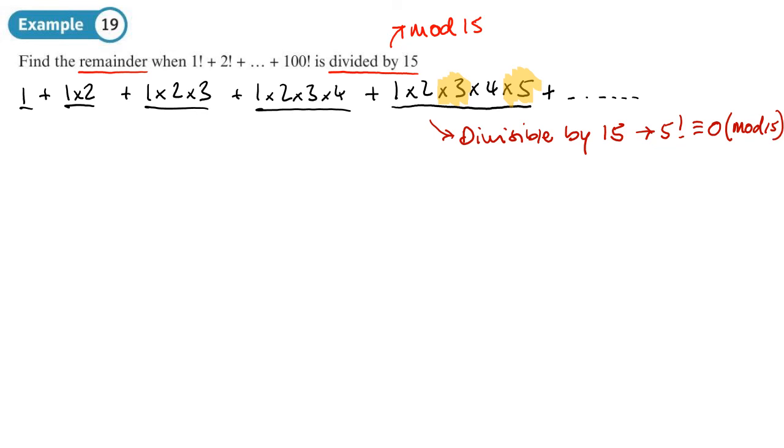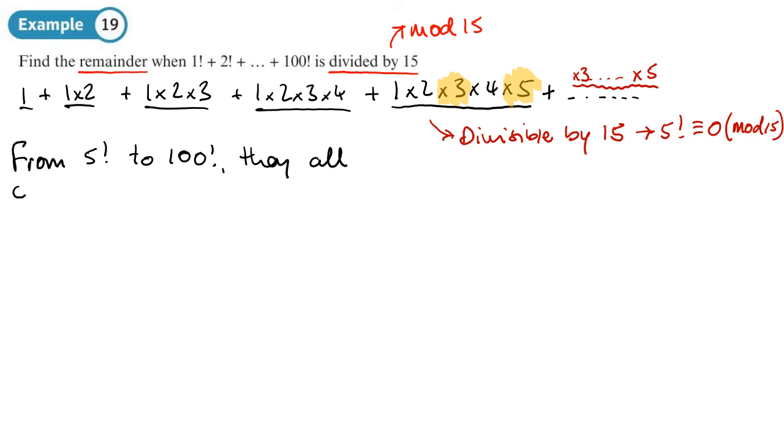There's no remainder. And that's going to be the same for all the other factorials after, because they're all going to have times 3 in there somewhere and times by 5. So they're all going to be divisible by 15. So I could write down that from 5 factorial to 100 factorial, they all contain times by 3 and times by 5.